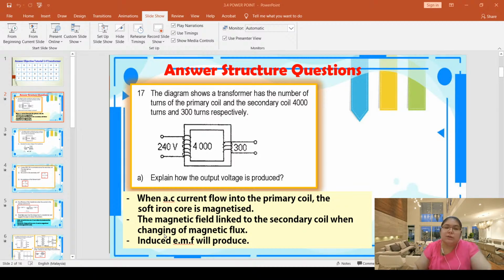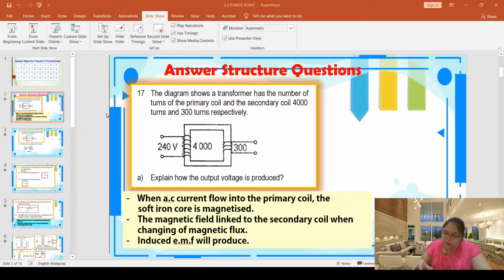Number two, the changing magnetic flux links to the secondary coil. You must say changing magnetic flux. Last, the induced EMF is produced in the secondary coil. This is how we explain the induced EMF.